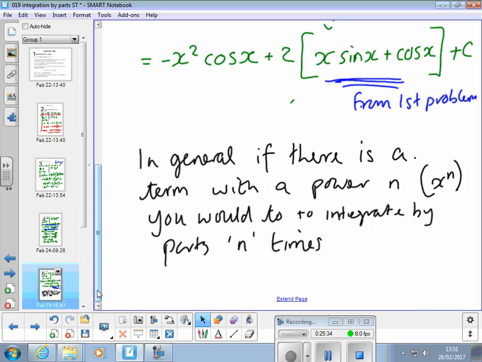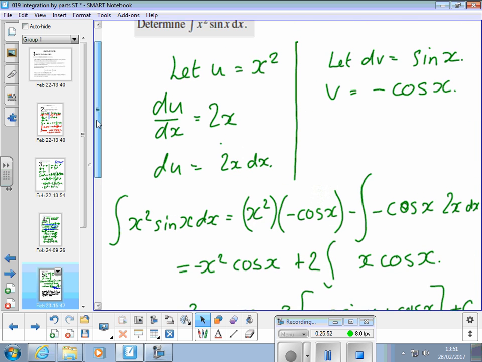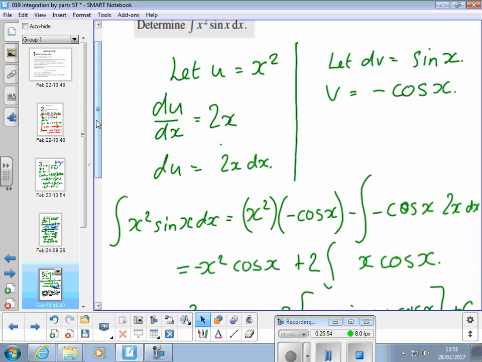The idea is that it would take that many steps to get rid of the x on the left-hand side. So if it was x to the 10, you would have to do it 10 times.